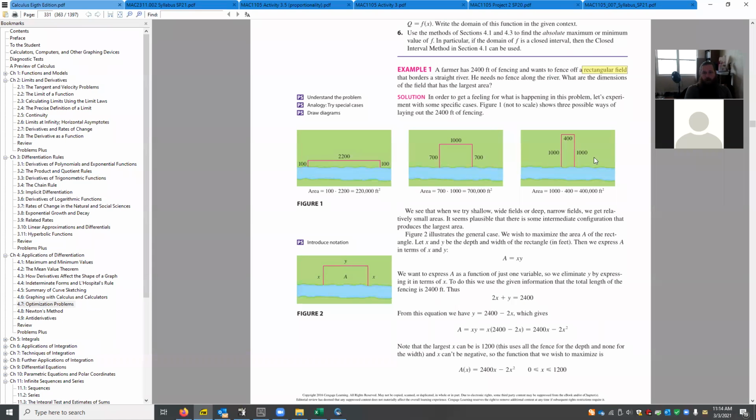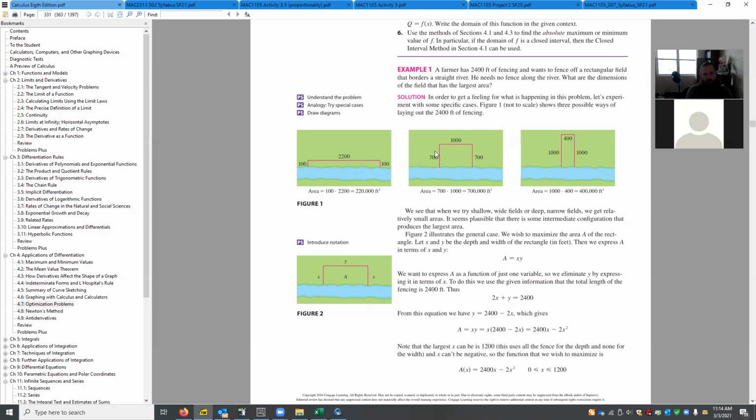We want to know, of all the ways he can do this, and they've drawn a few of them here, of all the possible ways to do this, which one gives us the most area? If he makes it real short like that and real long like this, 100 by 2,200, that's going to give him 220,000 square feet.